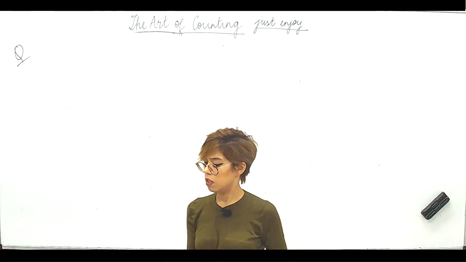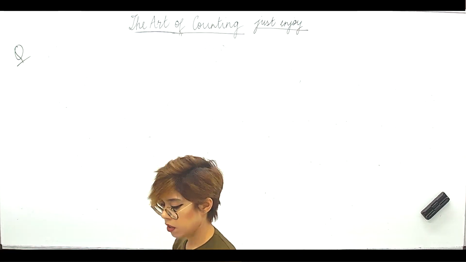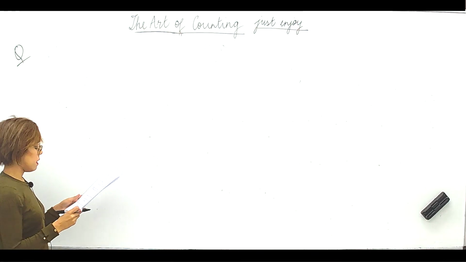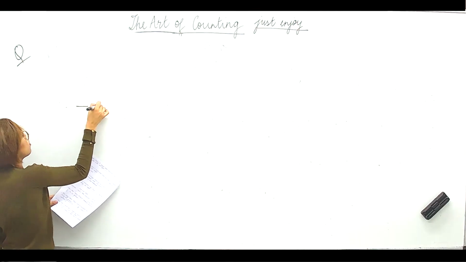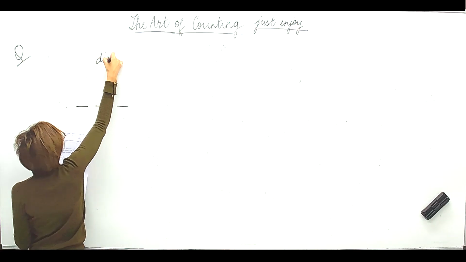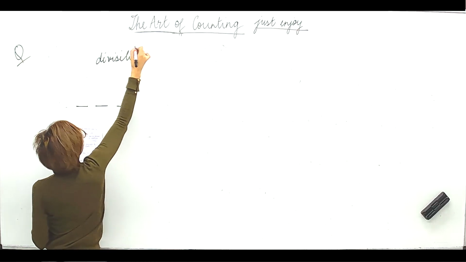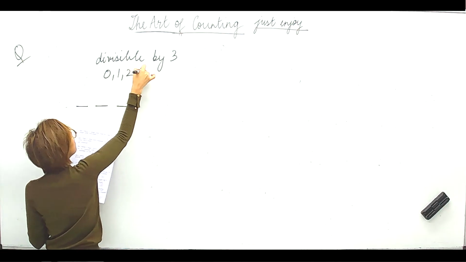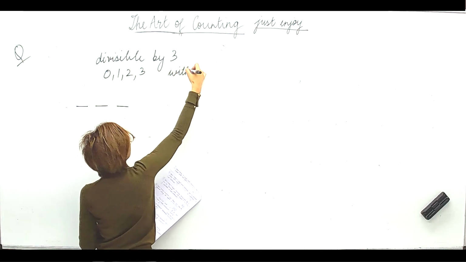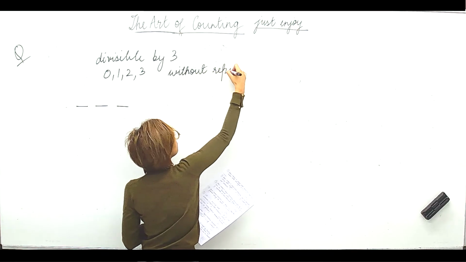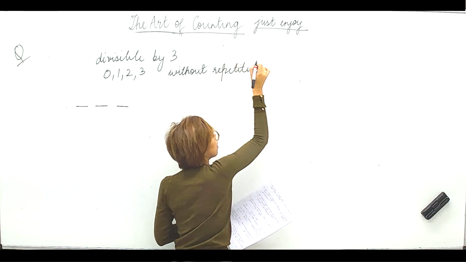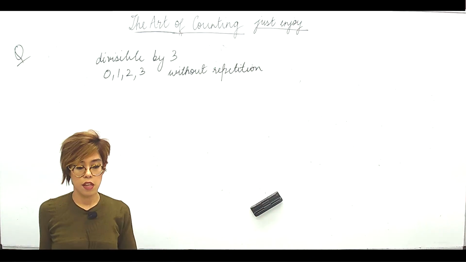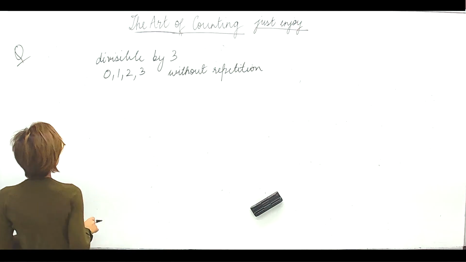Hurry up. How many 3-digit numbers divisible by 3 using the numerals 0, 1, 2, 3 without repetition? Right. Okay, let's discuss this now.